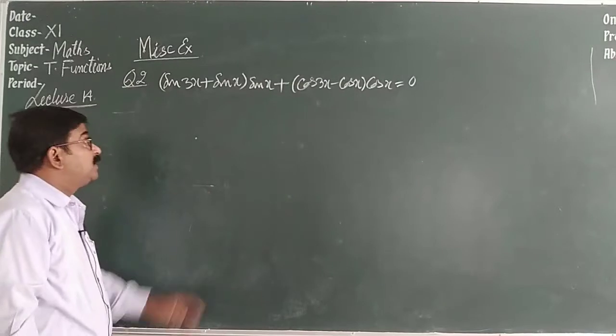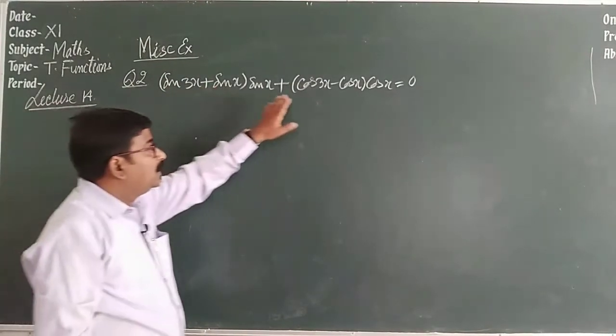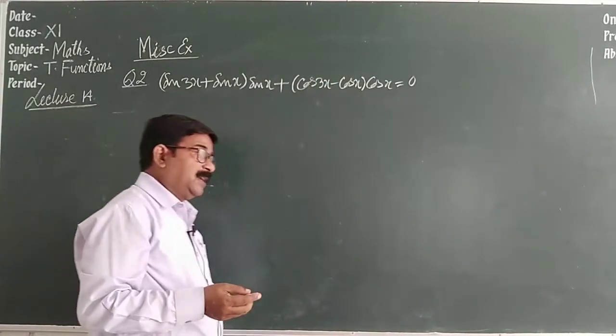Once again see the brackets. Here we have the sin A plus sin B formula. Here we have the cos A minus cos B formula. Apply these and get the result.